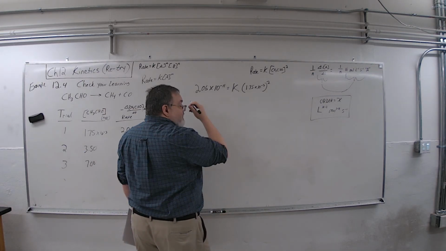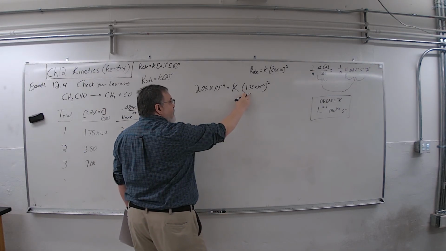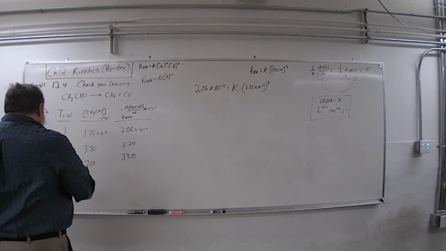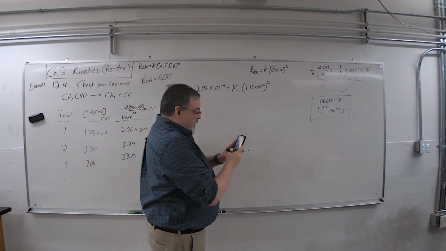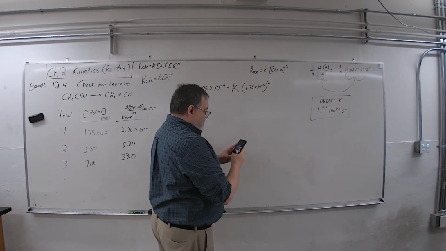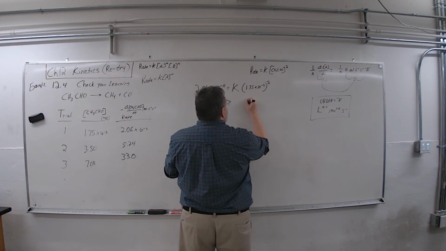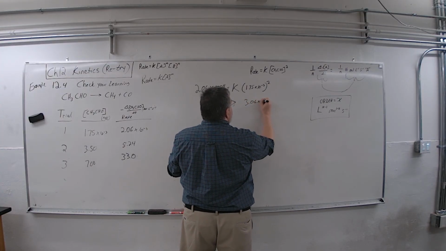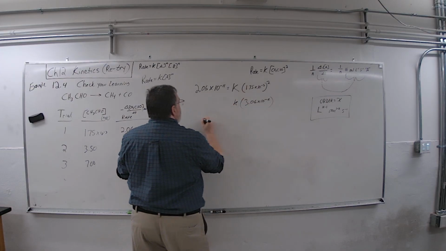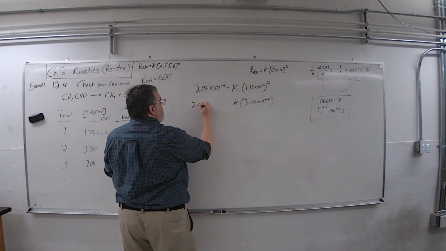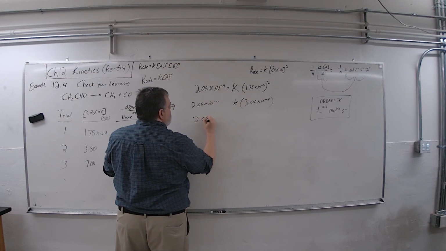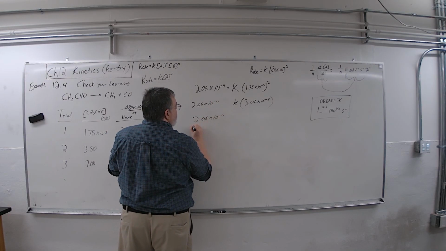Was it 3.06? That was 3.06, wasn't it? Just do the work, Emory. 3.06 times 10 to the -6. It's 2.06 times 10 to the -11.